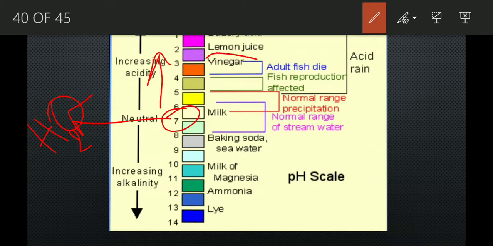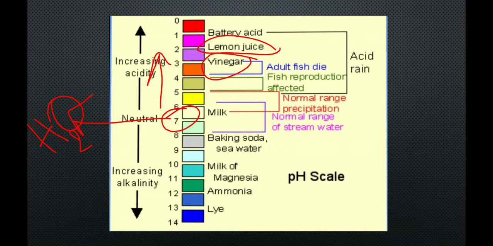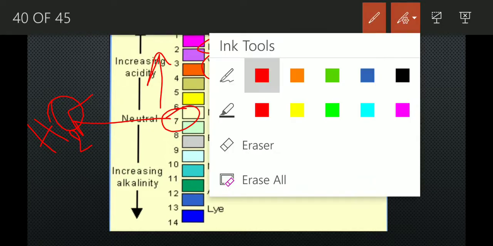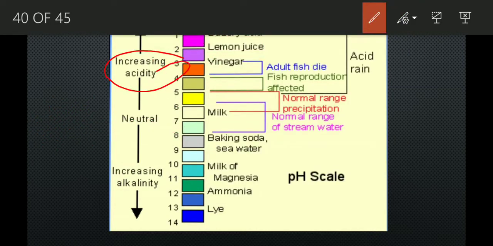See vinegar and lemon juice. The pH of vinegar is around 2.5, and the pH of lemon juice is around 1.5. So we can say that lemon juice is more acidic than vinegar, because here the acidity increases.